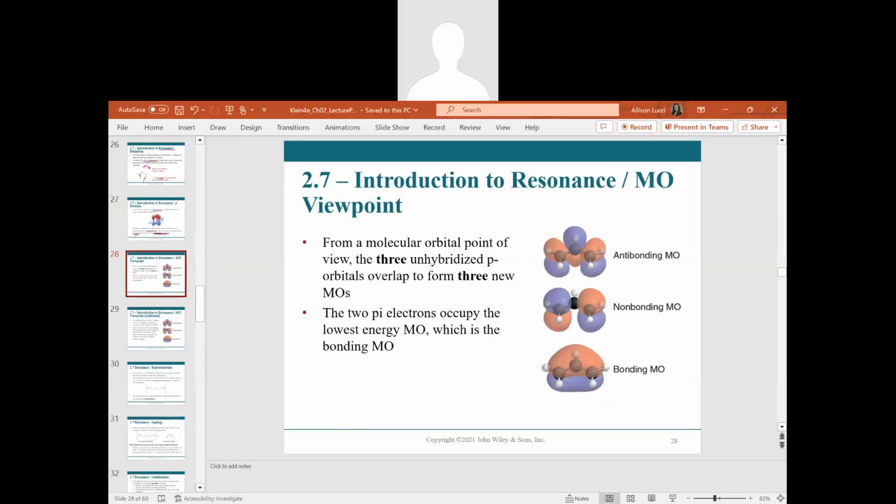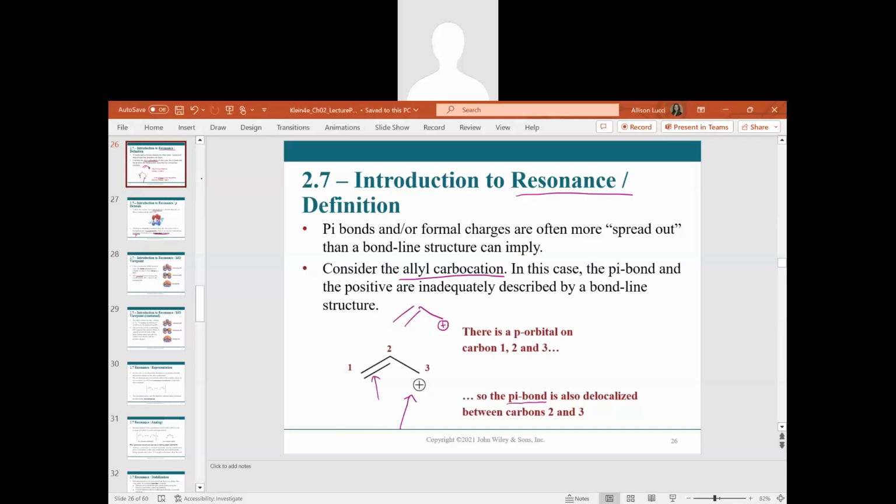So let's take a look here at an introduction from the molecular orbital theory viewpoint. We have 2 pi electrons in our bond here, right? Let's go back here. We have the 2 pi electrons from the p orbital overlap in this double bond. We know we have hybridized orbitals that are involved in the sigma bond between the 2 carbons, but we also have this pi bond, this p orbital overlap.